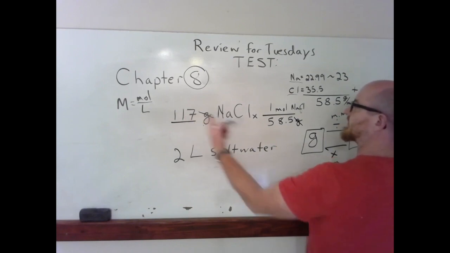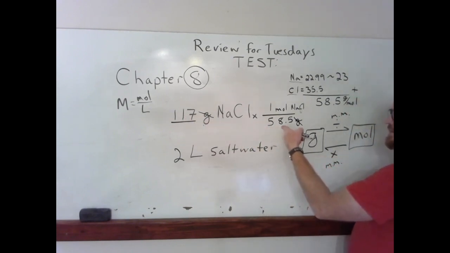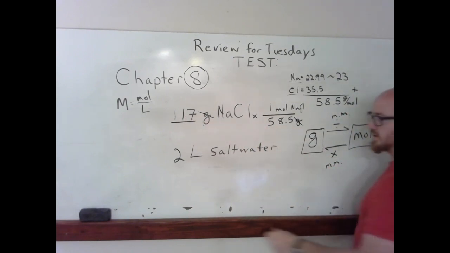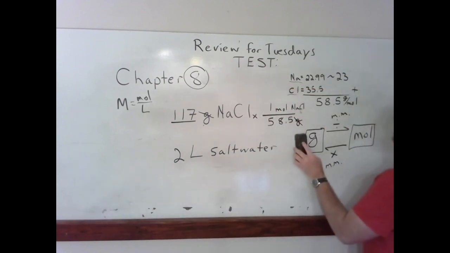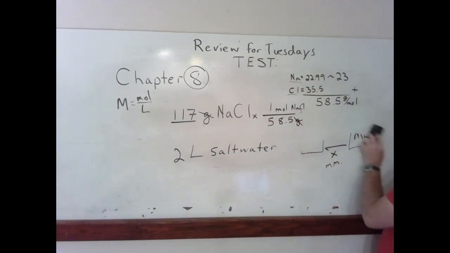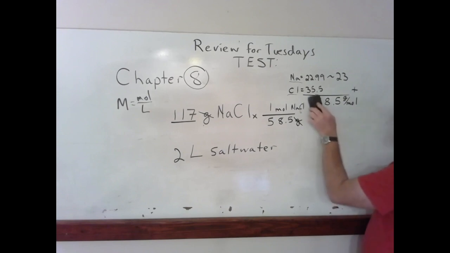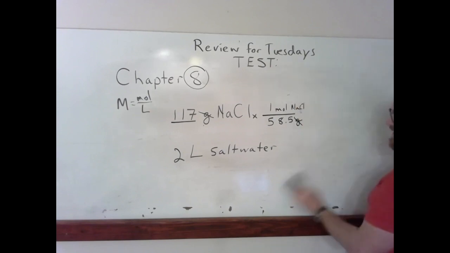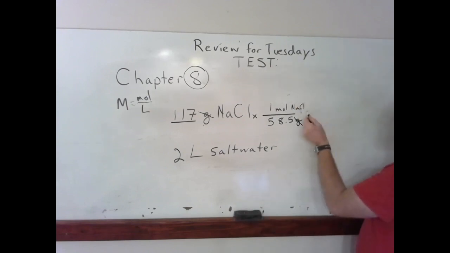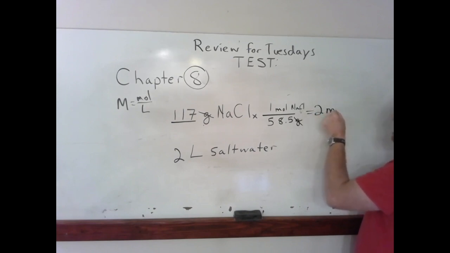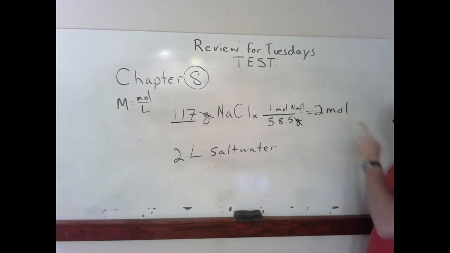And 117 divided by 58.5 is going to be, hope you wrote this down, if not rewind the video. What we get as a final answer here is 2 moles of salt.